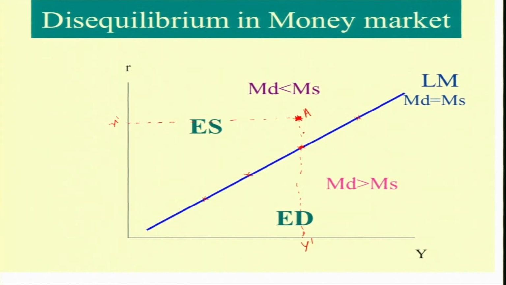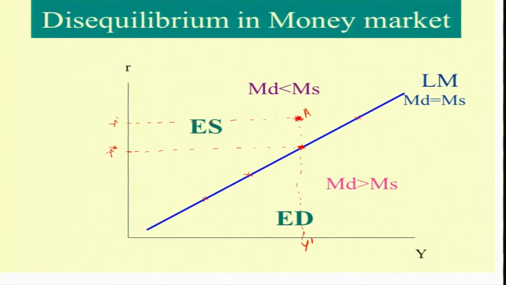At point A, the rate of interest is greater than the necessary rate at the given level of income Y1, at which the money market should be in equilibrium. For equilibrium of the money market, the corresponding rate of interest is R star.